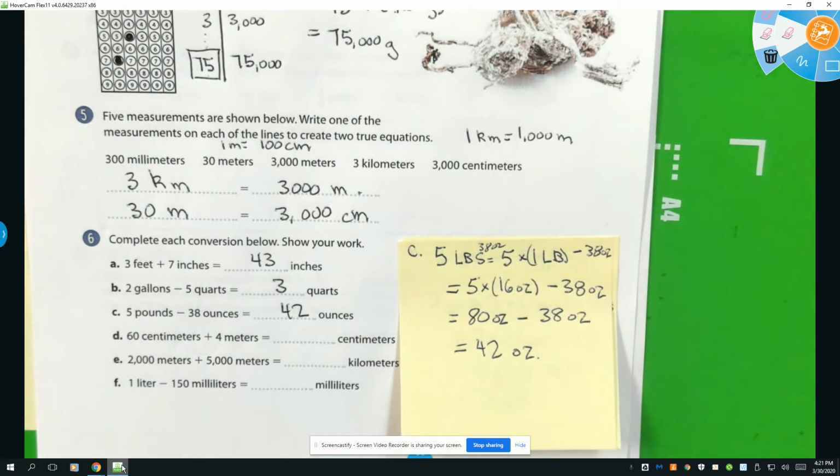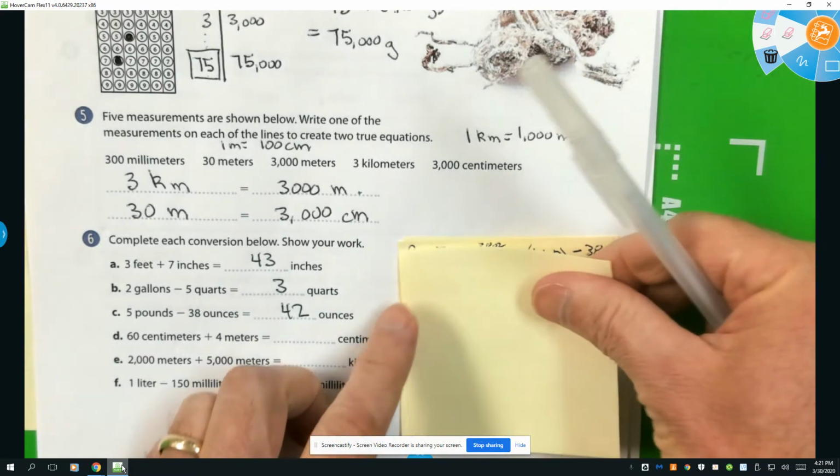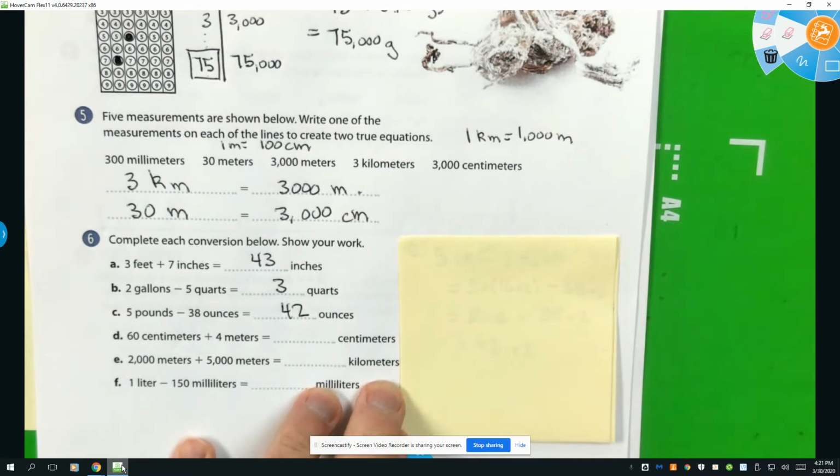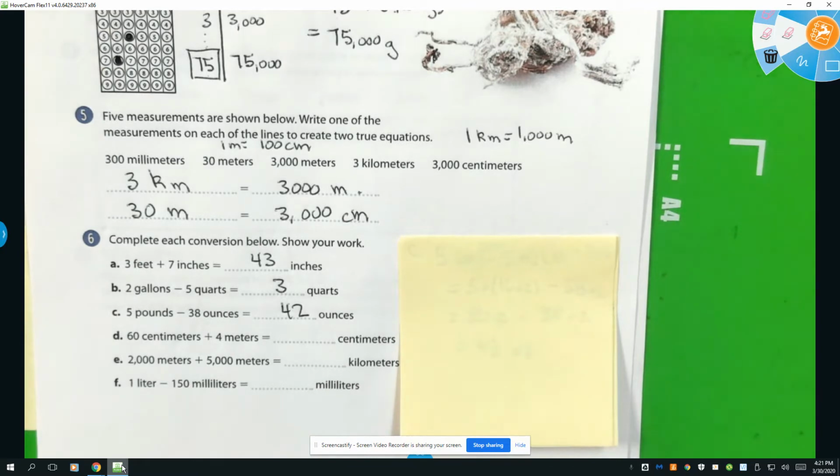Now we have 60 centimeters plus 4 meters. 60 centimeters plus 4 meters. So, same exact thing. Now, this one, I would quickly just jump to a centimeters to meters.